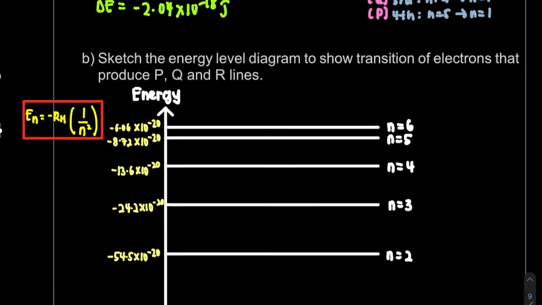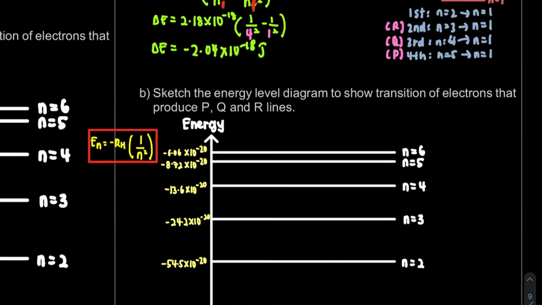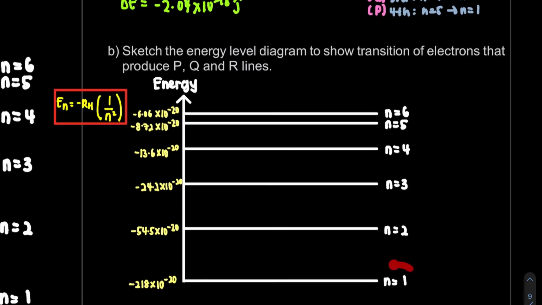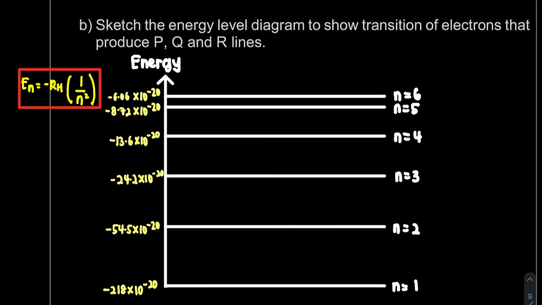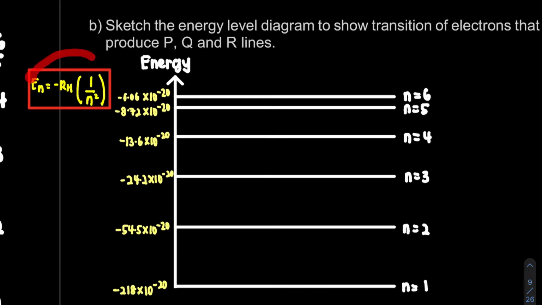Okay, so back to the question again. So, kita akan start dengan n equal to 1. So, maknanya sini kita punya y-axis is energy. Okay, so first kita akan start paling bawah sekali adalah n equal to 1. Okay, so bila Miss calculate the value, this is the formula that we have calculated kan.